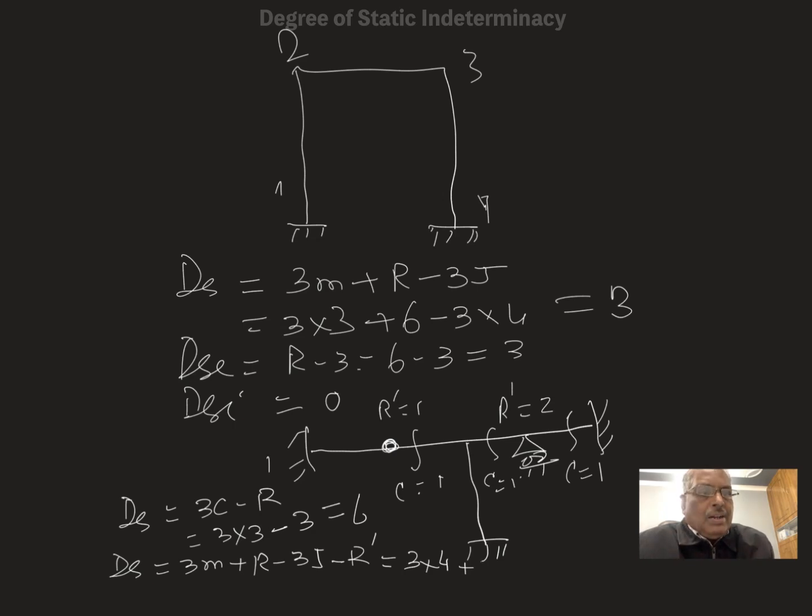There will be 10 reactions. Minus 3 into j. How many joints? 1, 2, 3, 4, and 5. 5 joints, minus 1. So 12 and 10, 22, minus 6.